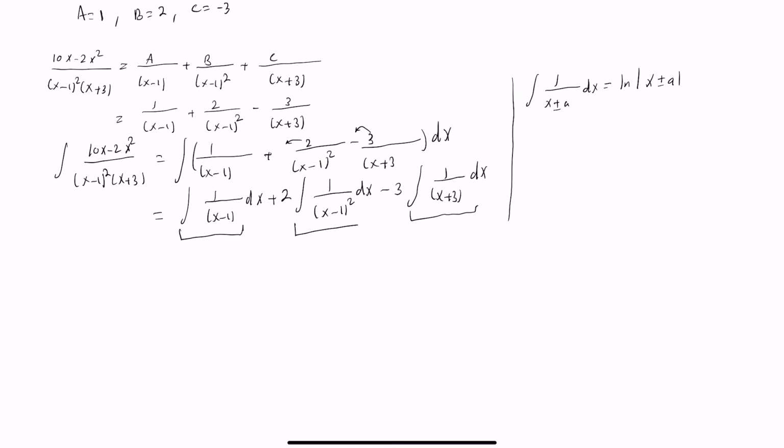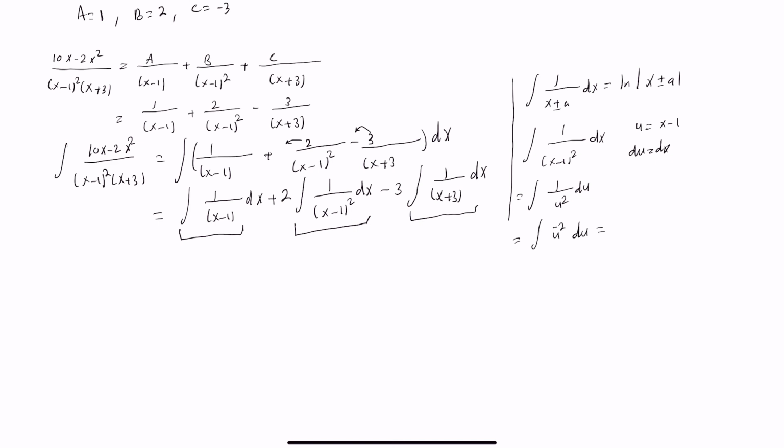Now let's find this integral in here. So I have the integral of 1 over x minus 1 squared dx. This can be solved using u-substitution. So u is going to be equal to x minus 1, and du is going to be equal to dx. Therefore, this integral is going to be equal to 1 over u squared, and dx is just du. Now I'm going to bring this u to the top, so I'm going to have the integral of u to the power of minus 2 du.